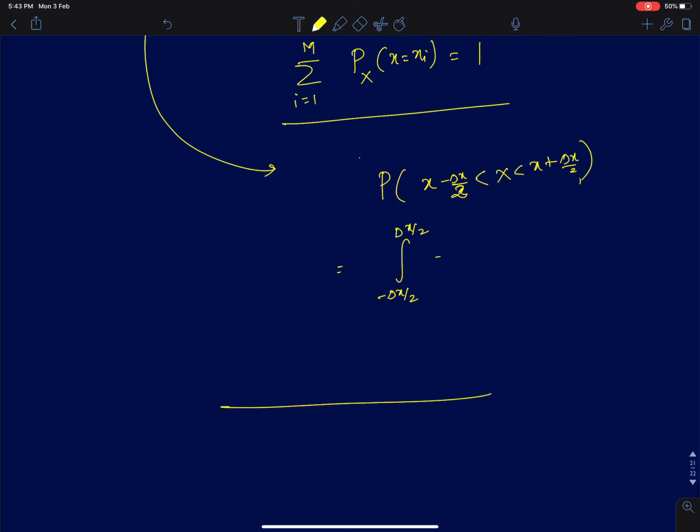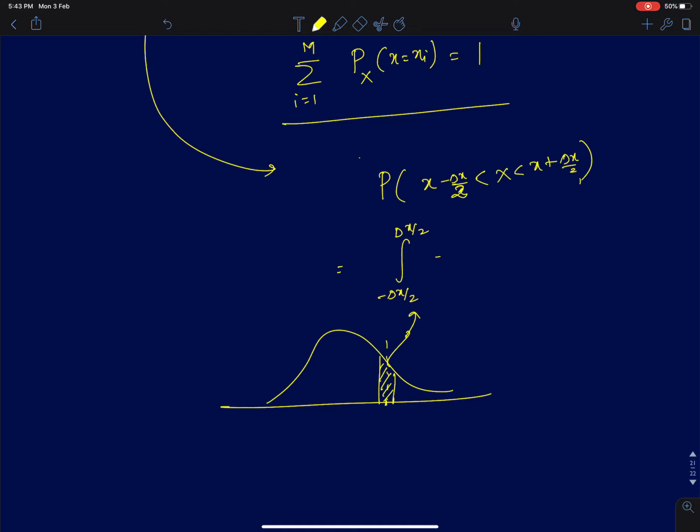So if I take this Gaussian random variable and ask you the area under this curve, it will give you the probability. If I shrink delta x to 0, and ask you the probability at a single point, then delta x becomes 0 and the probability also becomes 0.